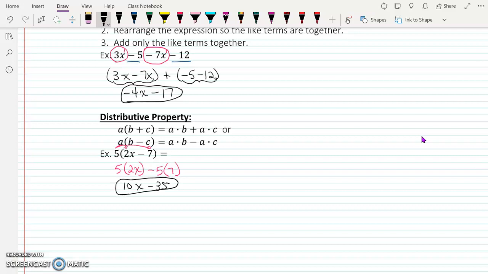Please remember that an expression is simplified when expressions have no like terms and no parentheses.